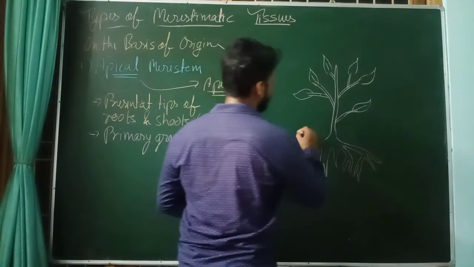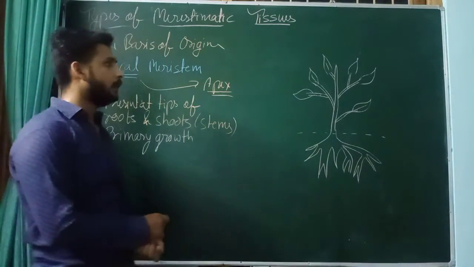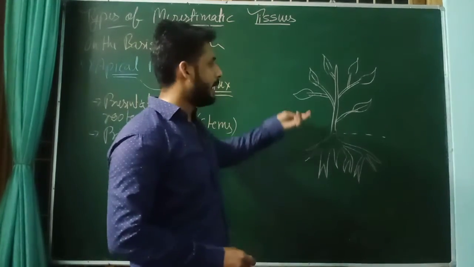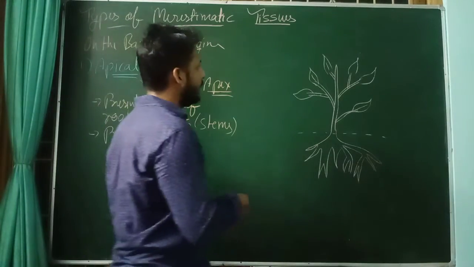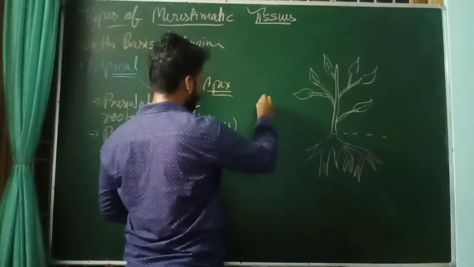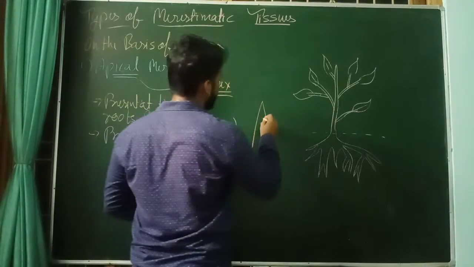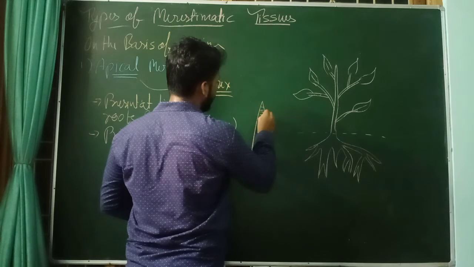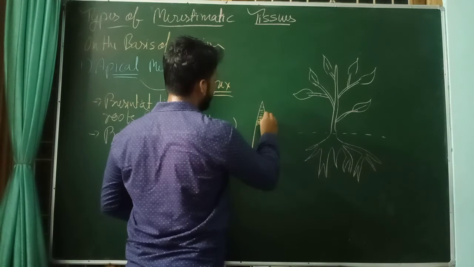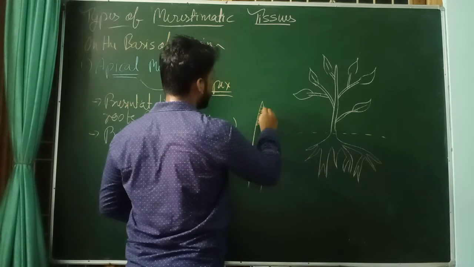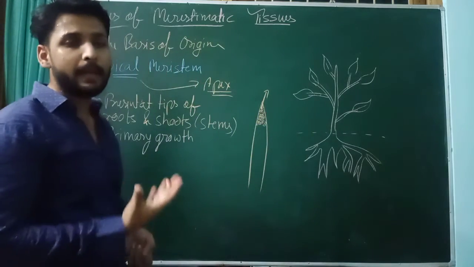This is the root part and this is the shoot part. It is present at the tip. Here, if we draw a stem tip, the apical meristem is present here. Here the cells are dividing. These cells divide and grow larger in size, and hence they help in primary growth.